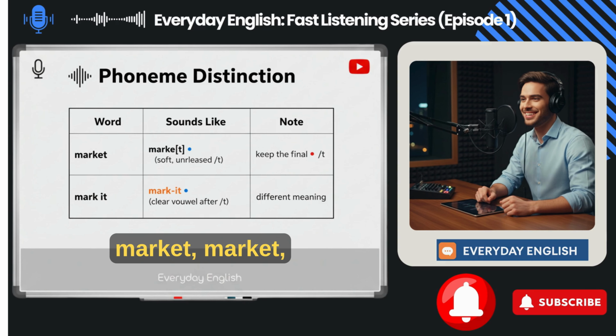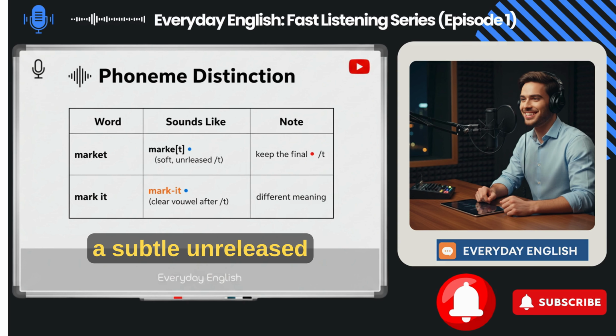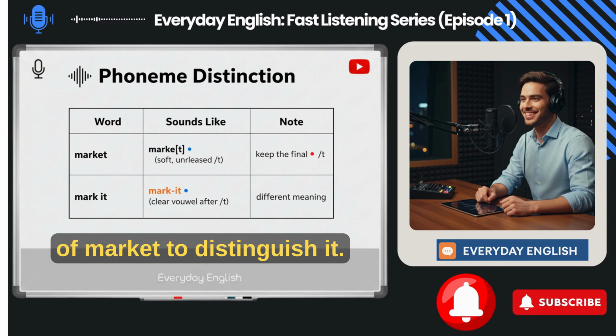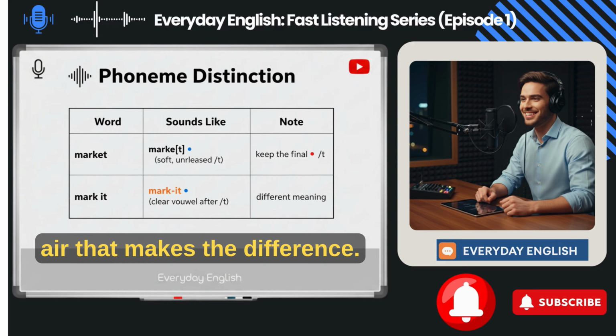For example, market and market can sound very similar. Native speakers often use a subtle, unreleased T sound at the end of market to distinguish it. It's not a strong, clear T, but a slight stop of air that makes the difference.